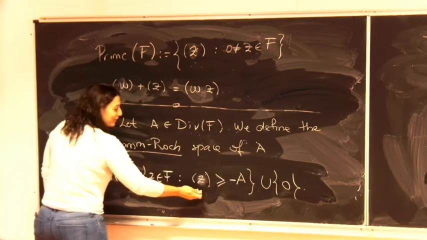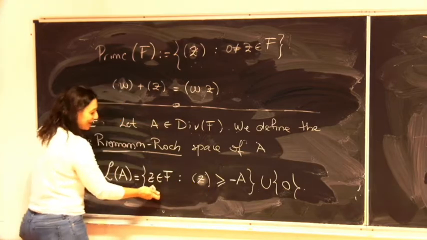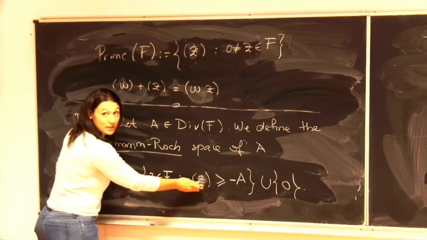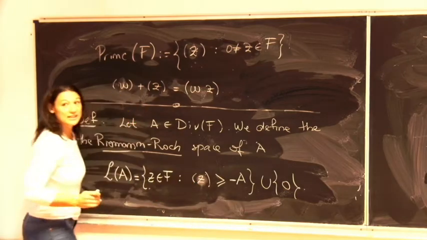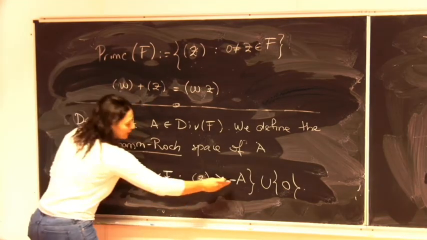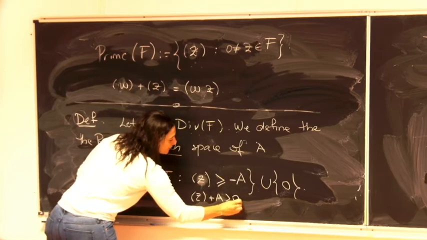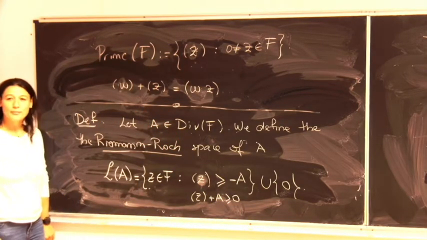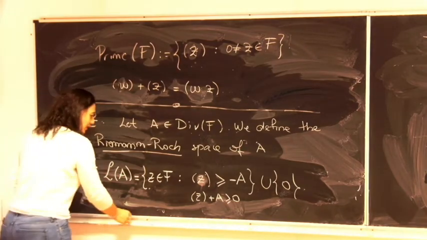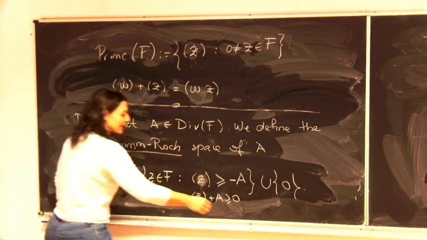So I have to get elements such that this divisor can be compared with this divisor A. Or, well, this is the same as saying that this sum is an effective divisor, okay? And so let's analyze what kind of functions can I have inside a Riemann-Roch space.